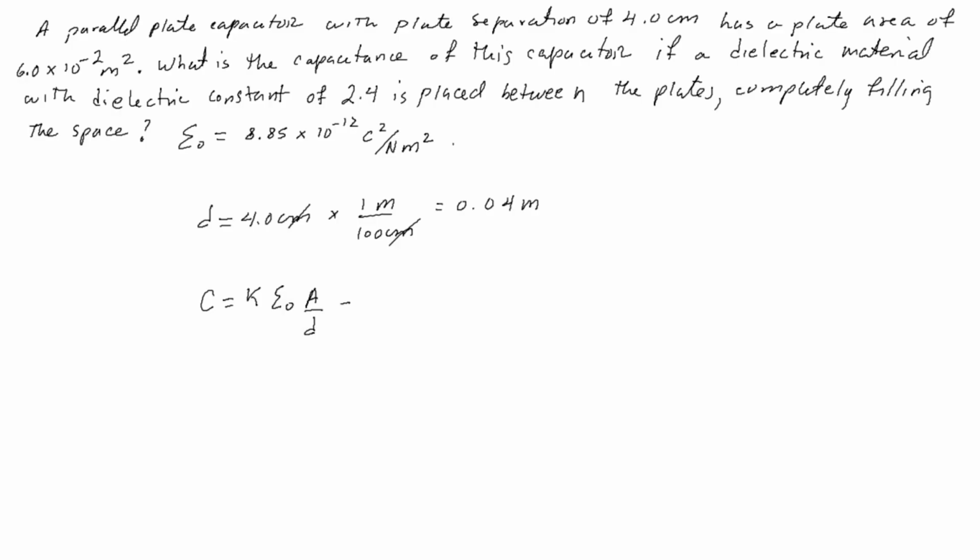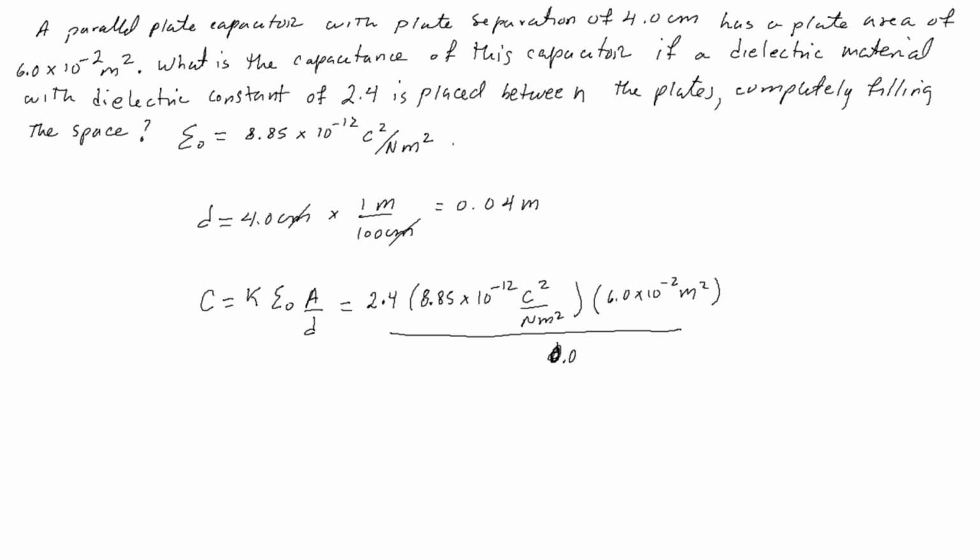So what is going to be your capacitance? You have your dielectric constant of 2.4 times the permittivity of free space, 8.85 times 10 to the negative 12 coulombs squared over newtons meter squared. The area, that is 6.0 times 10 to the negative 2 meters squared, divided by the distance, that is 0.04 meters.